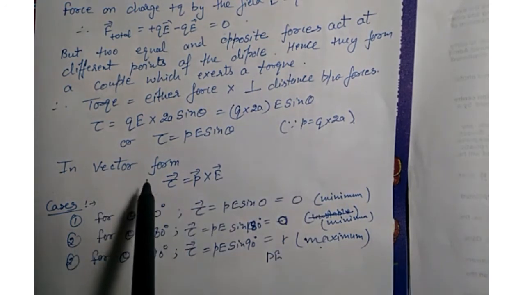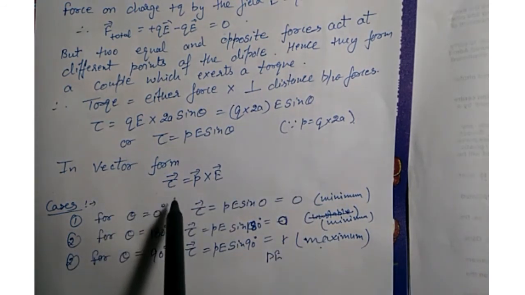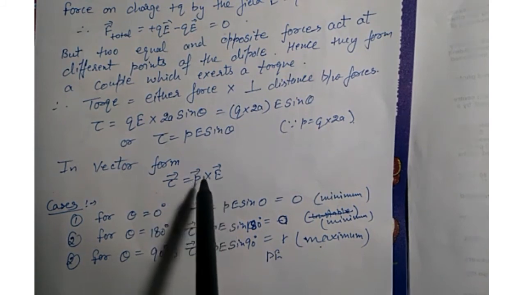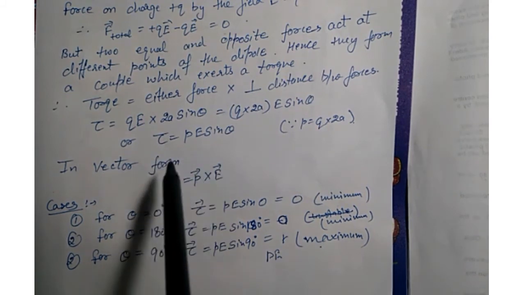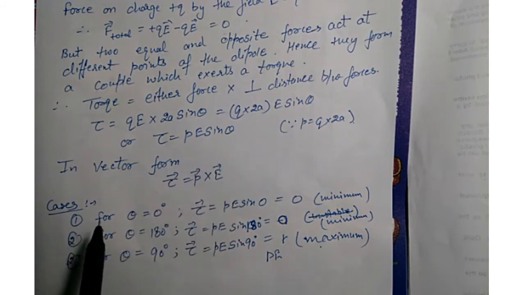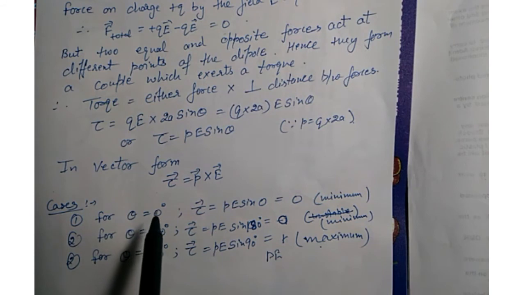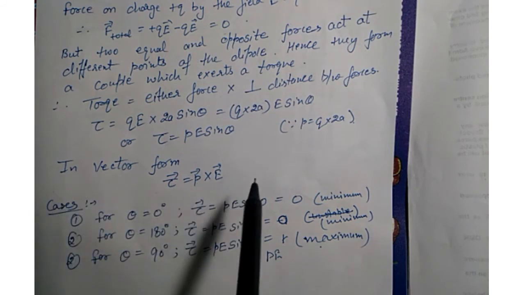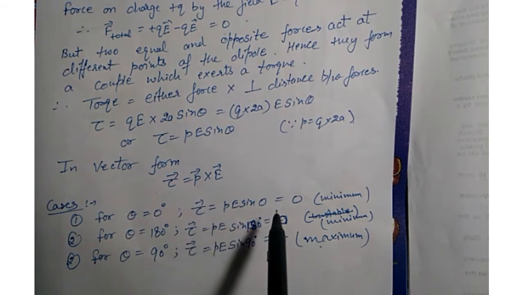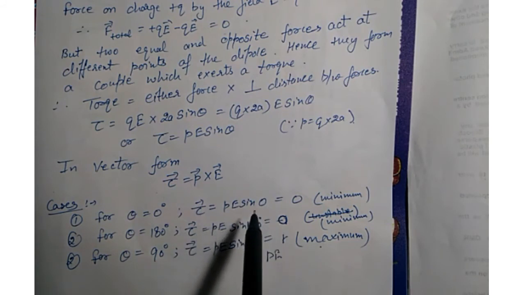In vector form, torque vector tau is equal to P vector cross E vector. From this equation, there are special cases. When theta is 0 degrees, that is, the dipole is along the electric field, the torque acting is 0 because sine 0 is 0.